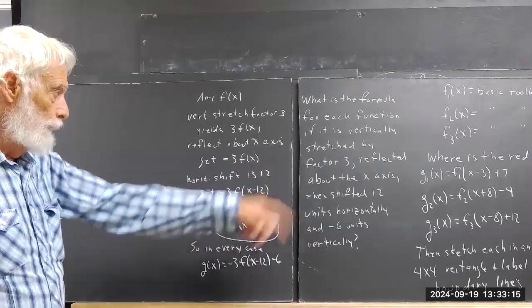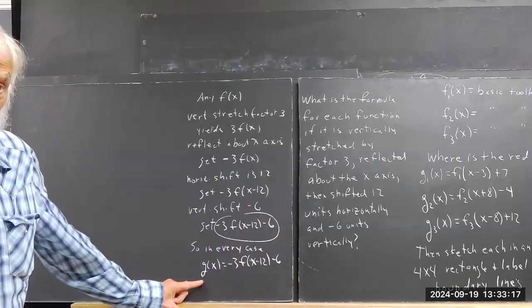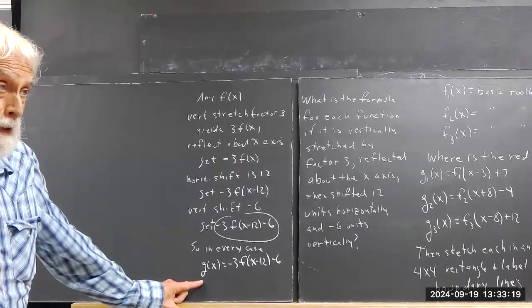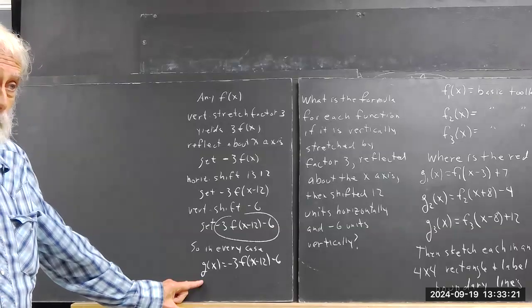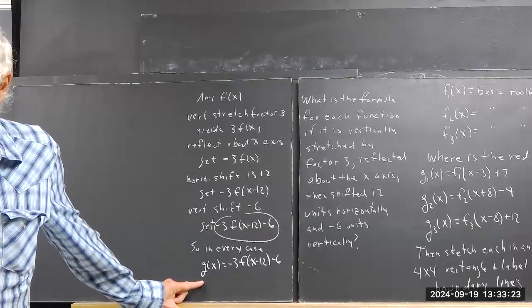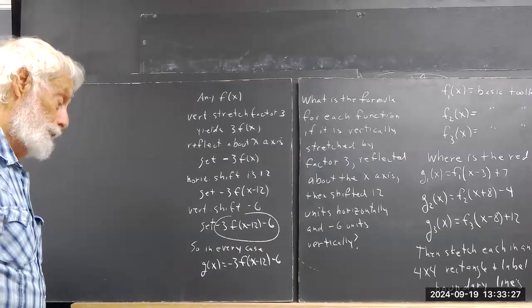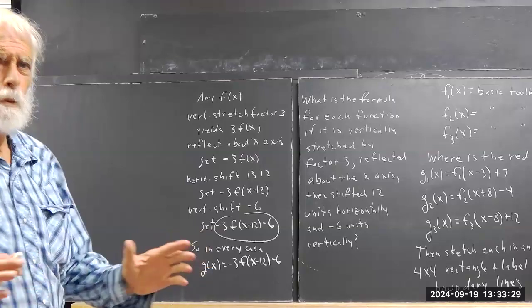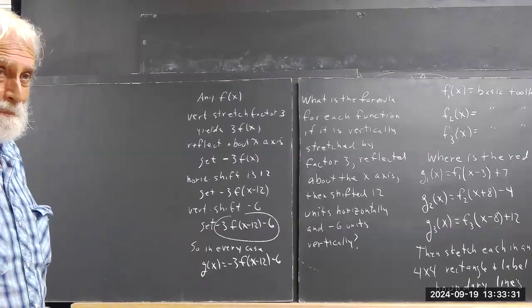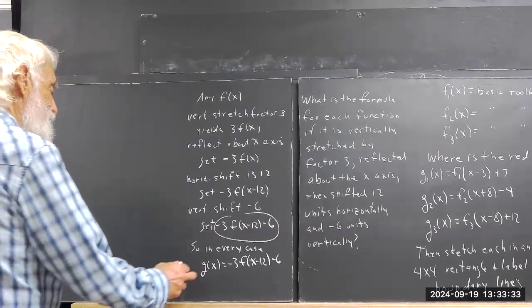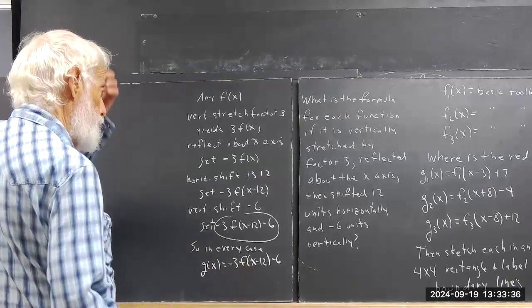Now, it didn't say anything about g of x, but you call it g of x if you like. It's not a bad idea. Call it h of x. Call it del of x if you really want to. Okay. Call it anything you like. Anything. Okay. Or you don't even necessarily have to call it anything.